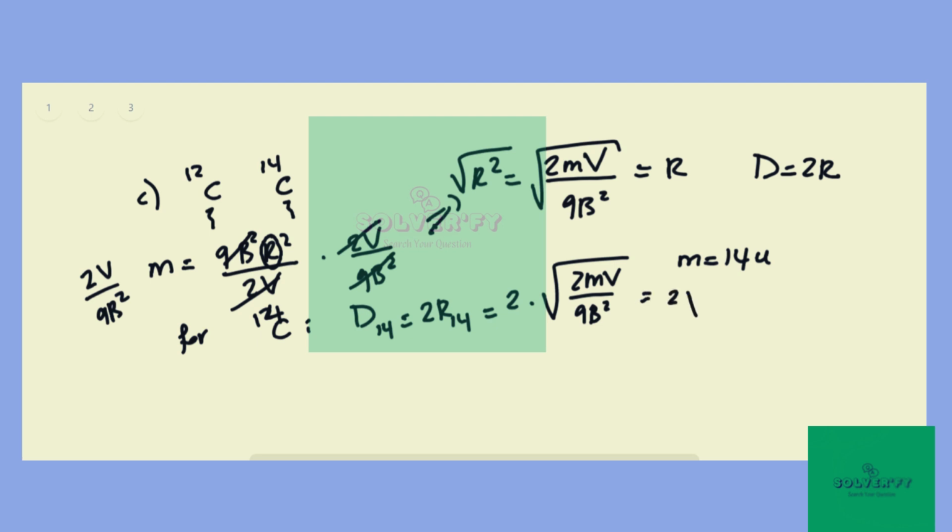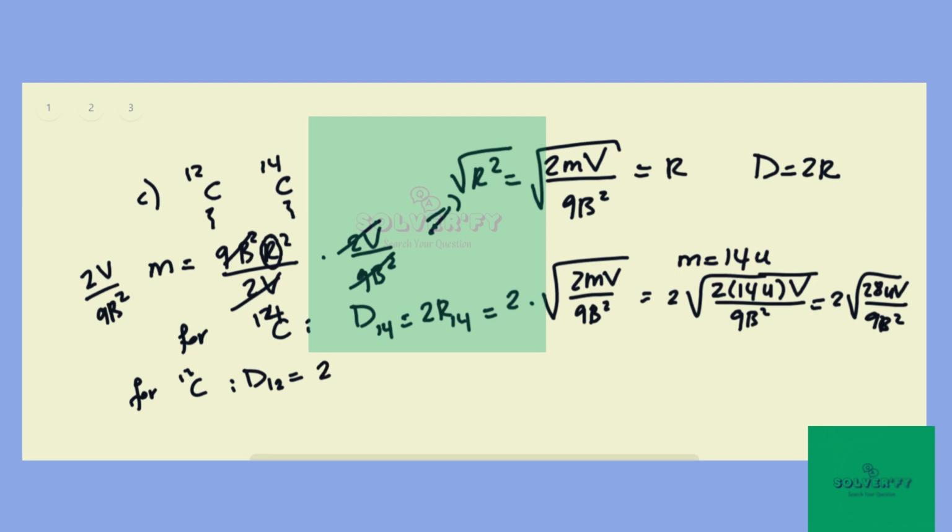So then we can rewrite this equation as 2 times the square root of 2 times 14u times V divided by qB squared. Then this will be 2 square root of 28uV over qB squared.